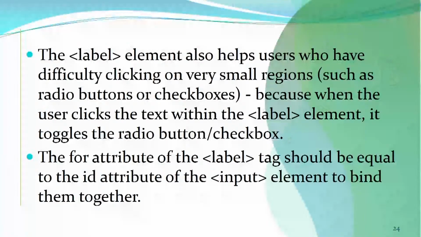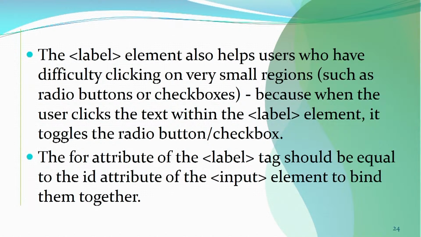So it also helps users who have difficulty clicking on very small regions. So when we have a label area, like the area in which the text of the corresponding radio button, corresponding checkbox is written, if the user is not able to click that, then we have a label around it.